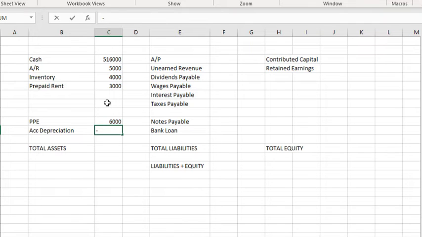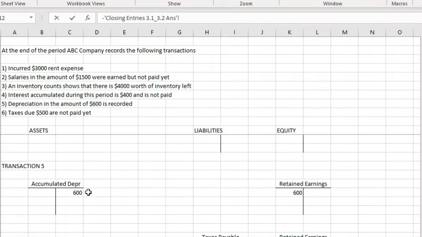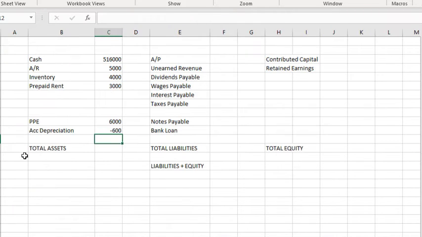Accumulated depreciation is going to be recorded as negative because it's going to reduce the amount of net PP&E. So we are going to look at the closing entries, and accumulated depreciation is going to be negative 600. The reason why we show it this way is because it's going to give us more information.